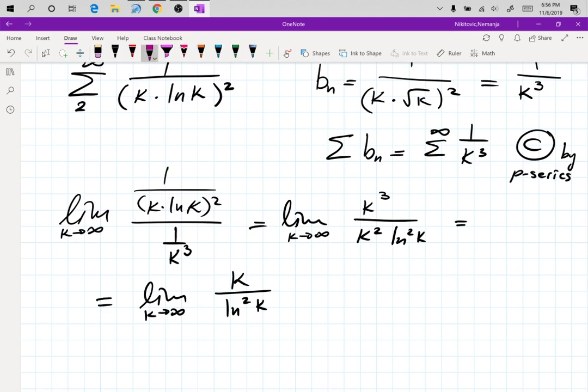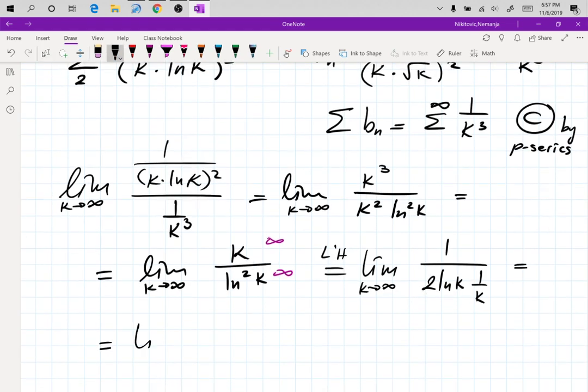And hello, L'Hopital rule, exactly. Beautiful. Do some derivatives. Have fun. So by L'Hopital rule, we have limit as k goes to infinity of 1 divided by 2 ln k times 1 over k.